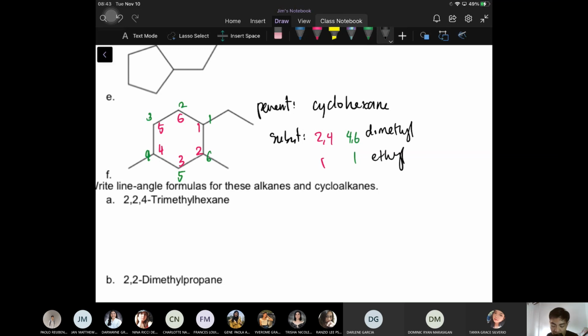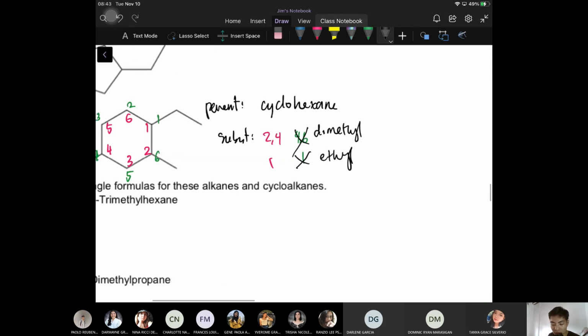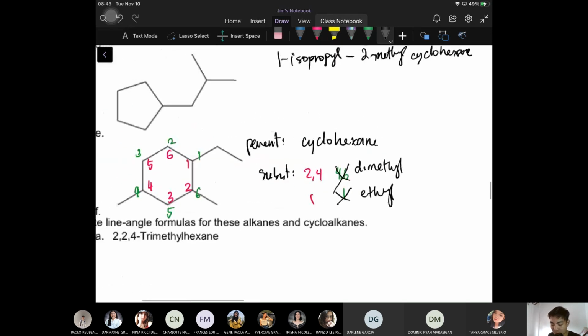So, obviously, the second one is cancelled out. 4 and 6 is too large compared to 2 and 4. So, you construct the name alphabetically: 1-ethyl-2,4-dimethylcyclohexane. Okay?